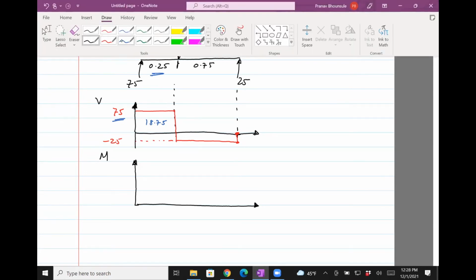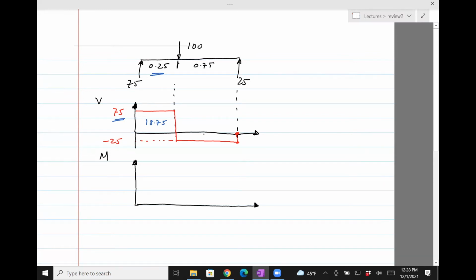So that's going to be 25 times 0.75, which is minus 18.75. To 0. Here with that, we can sort of easily draw the bending moment diagram.